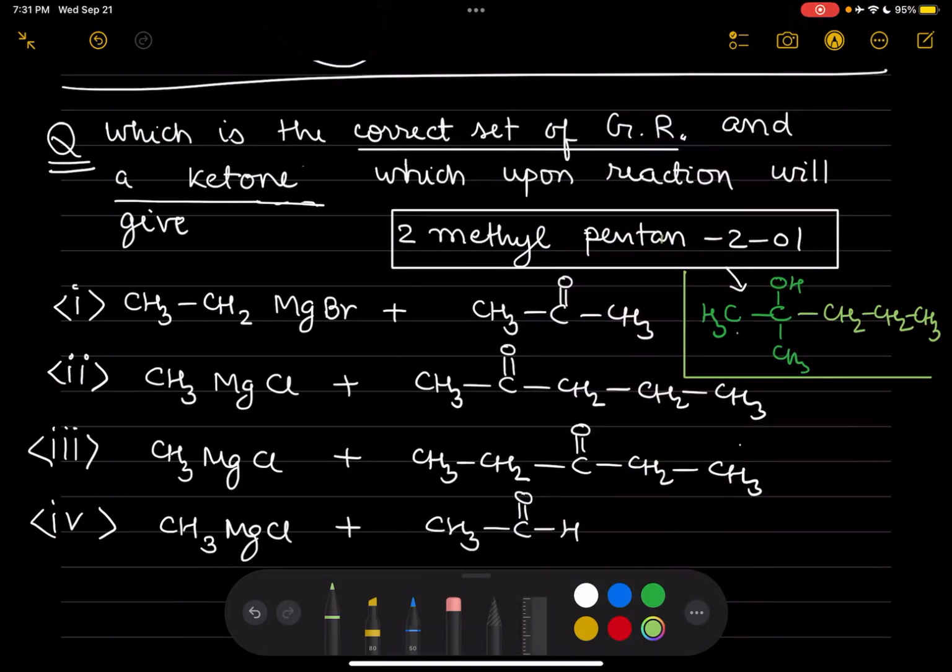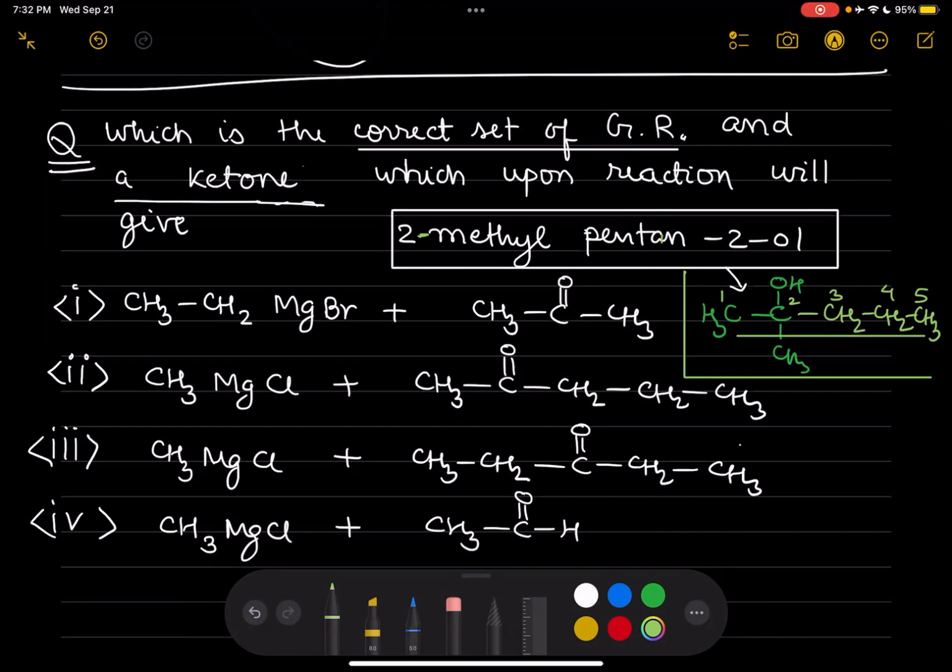Is the name clear? There are 5 carbon atoms in the main chain: 1, 2, 3, 4, and 5. The second carbon has methyl, Imad, and the OH is also connected on the second carbon. Abdullah, is it clear? Imad, Anushka, clear? So I need to prepare this.